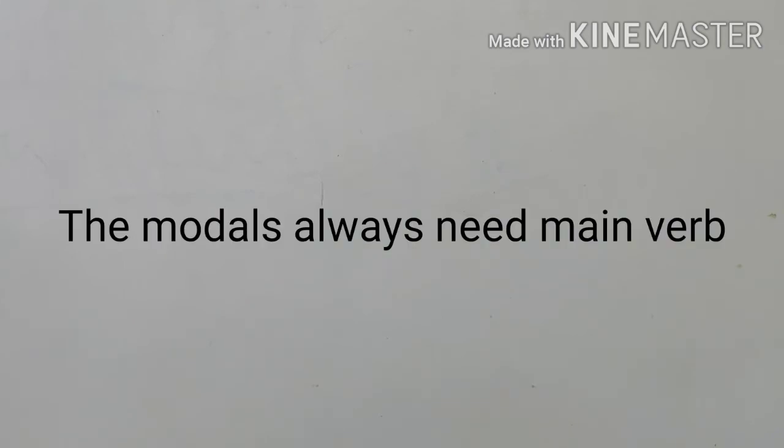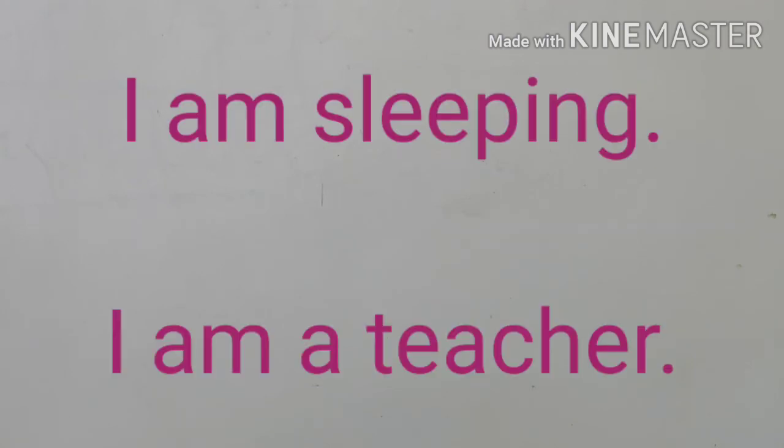Secondly, the modal always needs the main verb after it. A modal is never self-dependent. That is, like I have explained to you in case of auxiliaries, that at times when main verbs are absent in a sentence, then the auxiliaries start working as the main verb. Like I am sleeping.